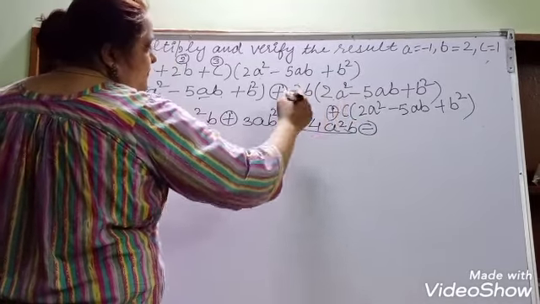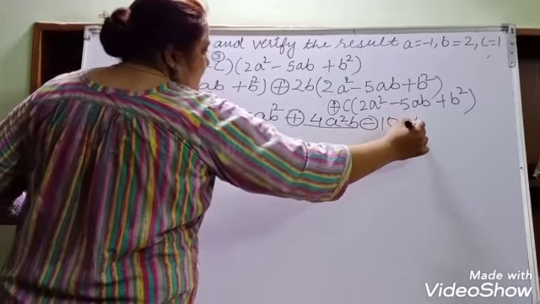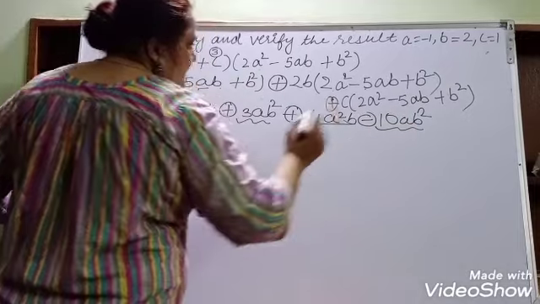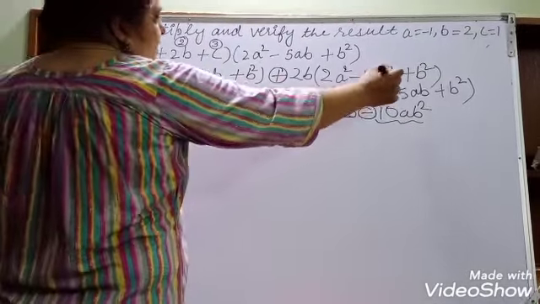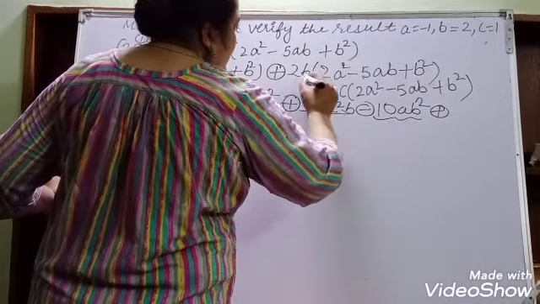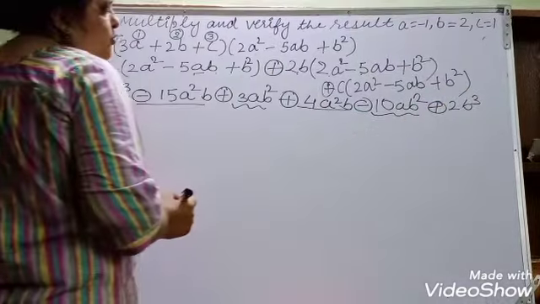Write the sign first: plus, minus, minus. It is 10ab square. So here again we are getting like terms. Plus 2b into b square will become 2b cube.